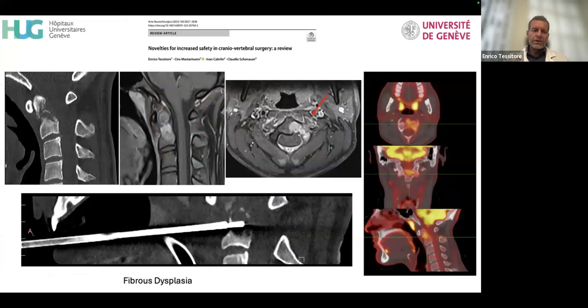Another case of a patient with a fibrous dysplasia and a pathological fracture of the C2 odontoid peg here. The biopsy was done with the CT scan in another institution, and you might see from the MRI the involvement, encasement of the left vertebral artery at the level of the V3 segment, and of course the PET-CT scan here.